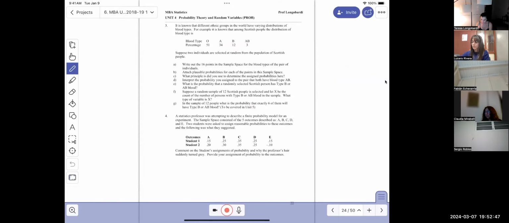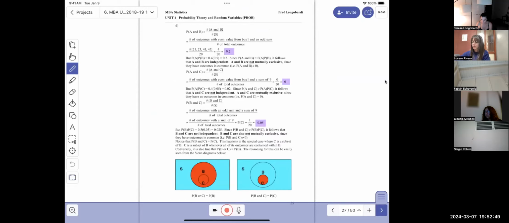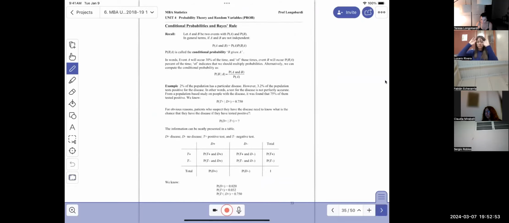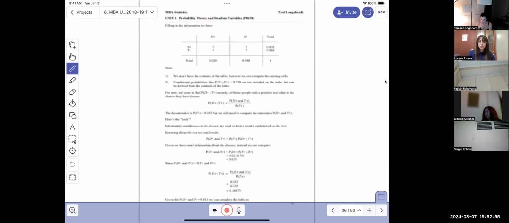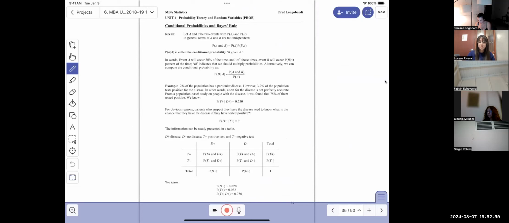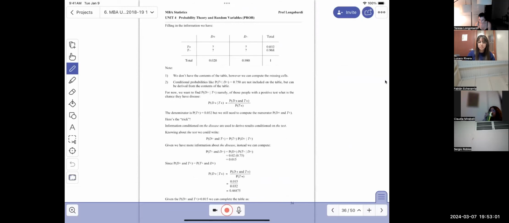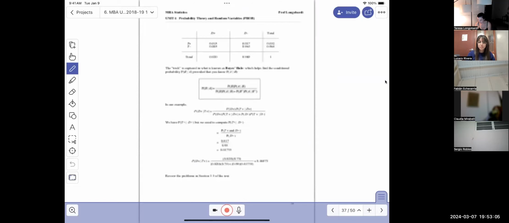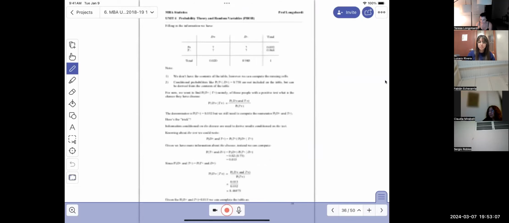All of this is good. So Bayes' rule starts here on page 33 and goes through page 35. It's not that many pages either.